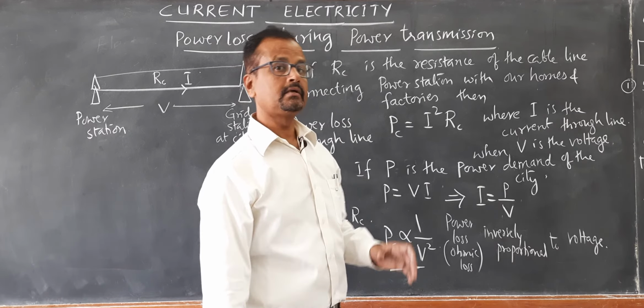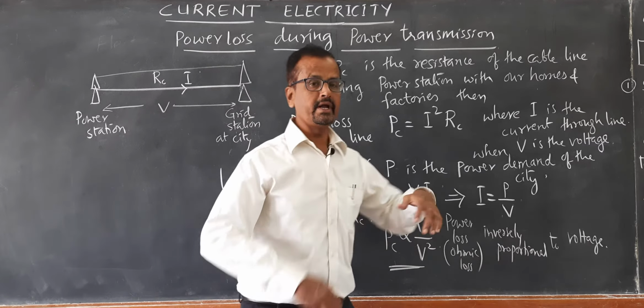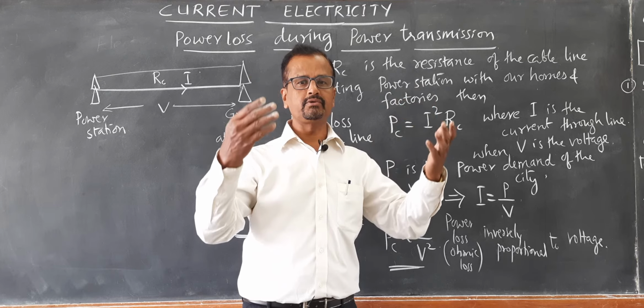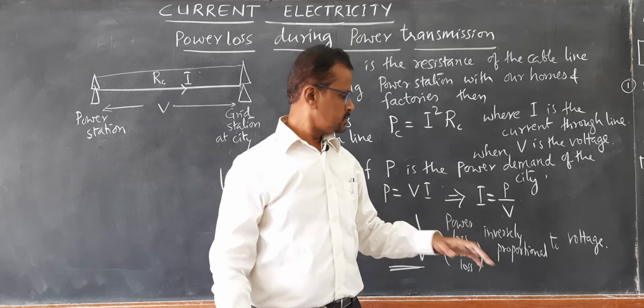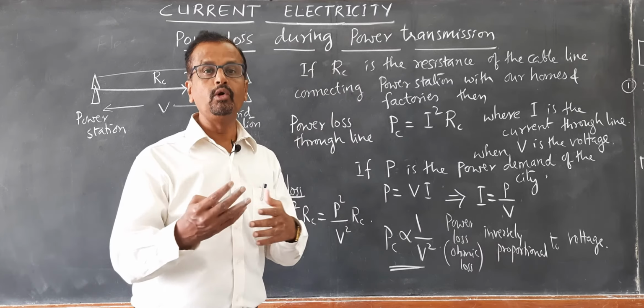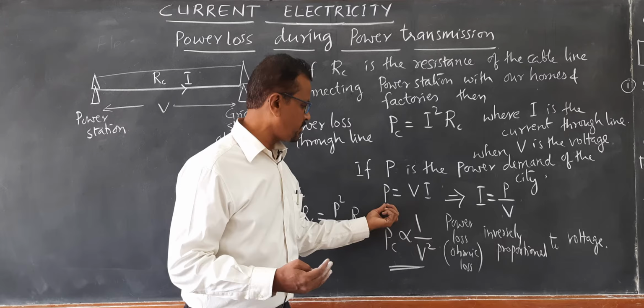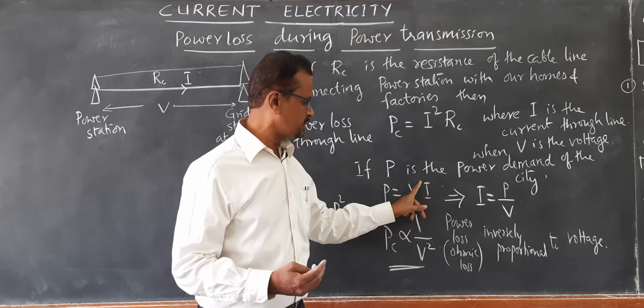By using transformers, you can step up the voltage to a very high voltage, 40,000, 80,000 volts, right? So by increasing voltage, you can reduce the current. Power P is fixed. So if you increase voltage, what happens?